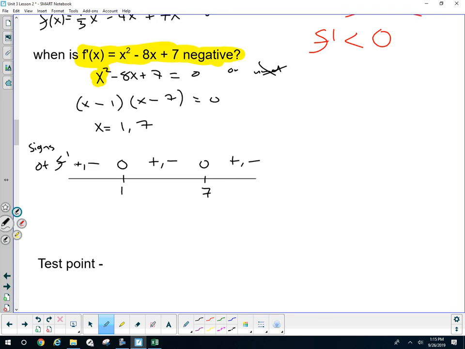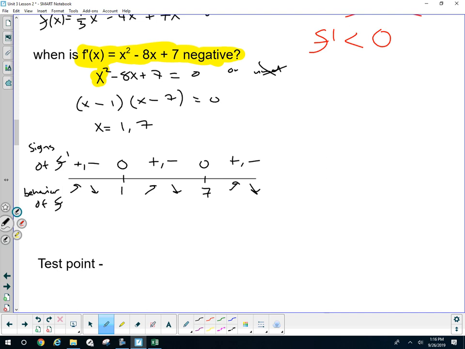After determining whether we have positives or negatives, we will then be able to determine the behavior of f. I'm going to put it down here. I'm either going up or down. Either going up or down. Either going up or down. Okay?